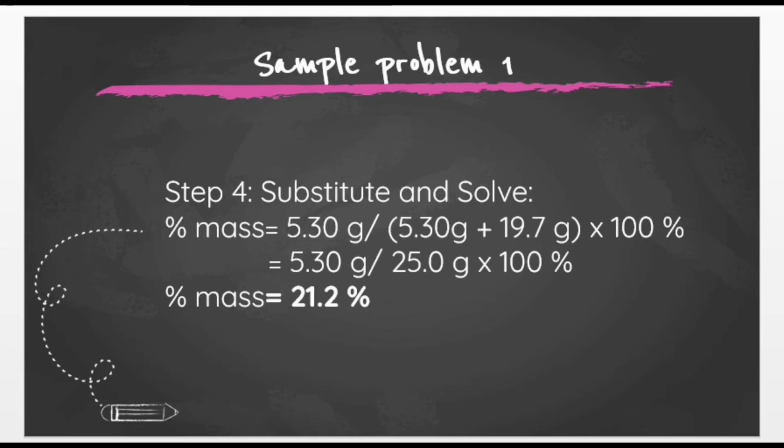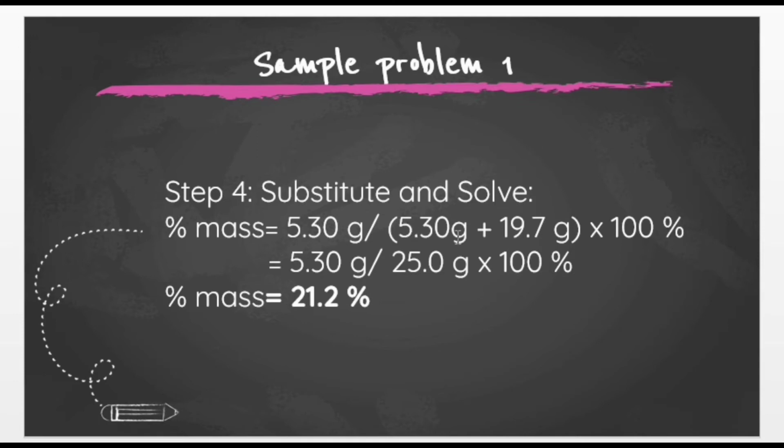So step 4, substitute and solve. Percent by mass is equal to 5.30 gram over 5.30 gram, which is the mass of salt, plus the mass of water, 19.7, times 100%.